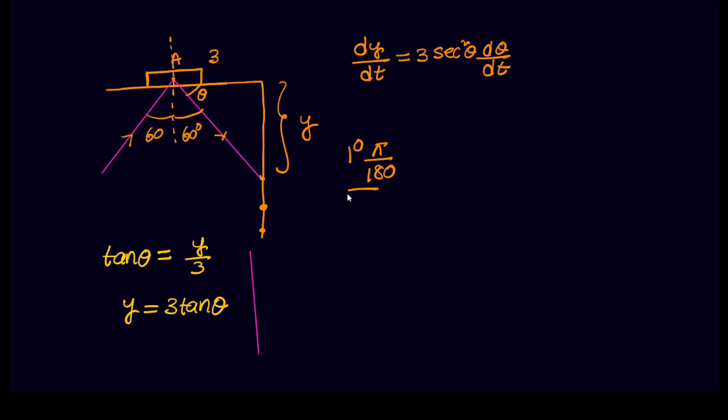If the mirror is rotated by theta, the reflected ray is rotated by how much angle? 2 theta.